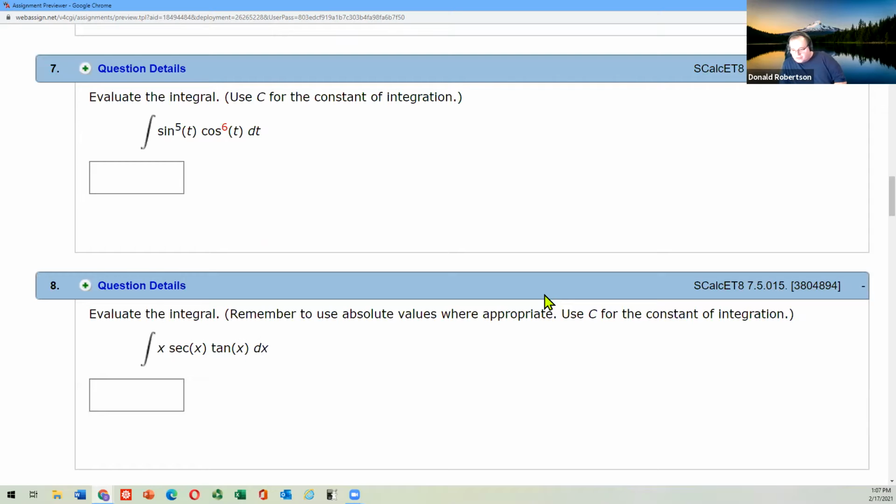What would you use in question 7? So U-sub again. Anybody? What would you use?